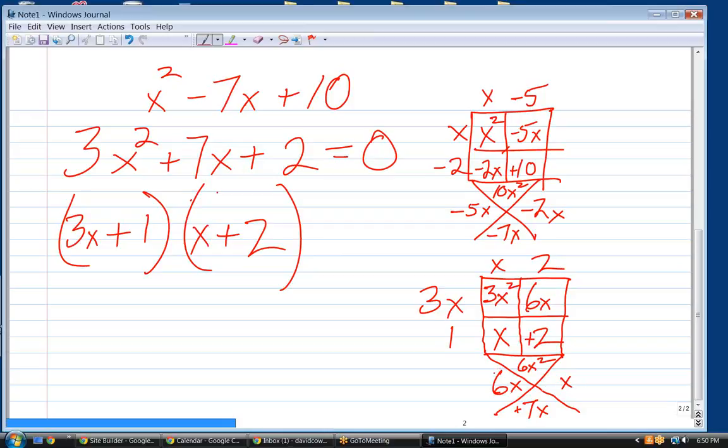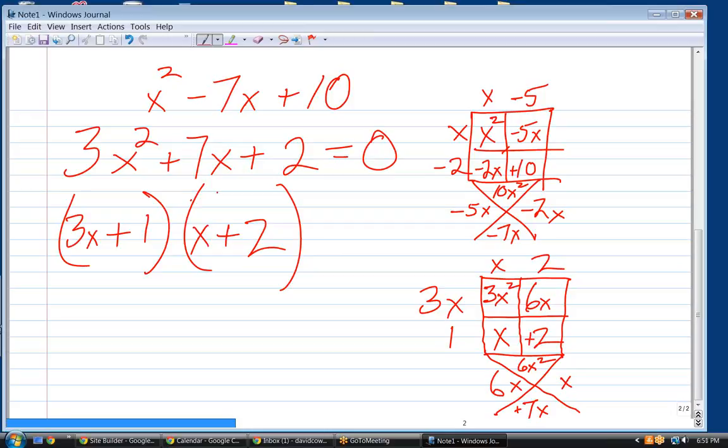My first guess would have been 3x and 2x, but that doesn't add to 7x. So I knew that wasn't correct. So I went to 6x and x. There was a little bit of trial and error in there, but not a lot. That's okay. I think I get it.